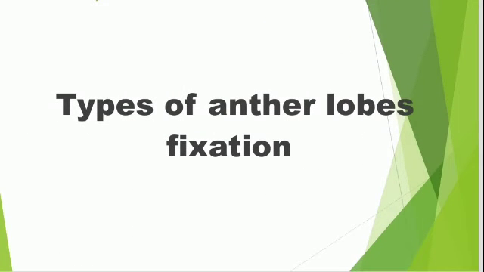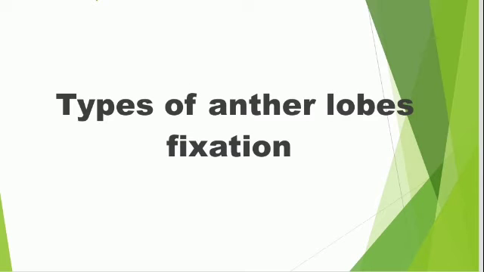Depending upon the fixation of anther lobes on the filament, it may be of four different types. In simple words, we can say how anther lobes are attached to the filament. So on that basis, it is of four types.